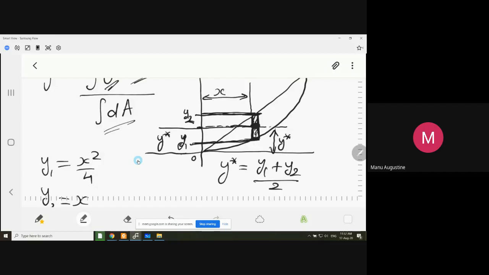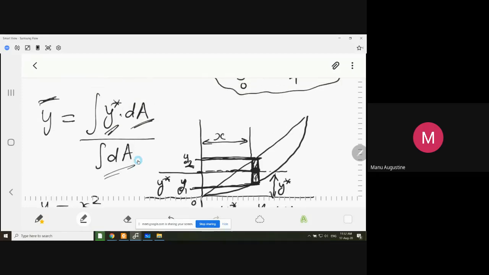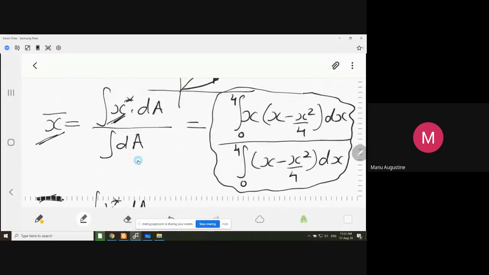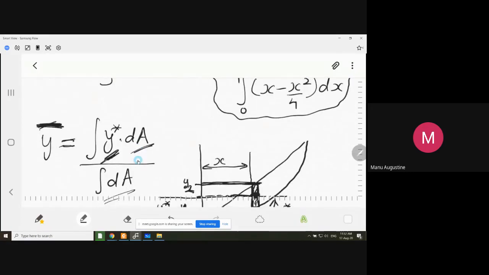I want to locate the value of y star because I want to find out y bar. And y bar is integral y star dA upon integral dA. The only difference is instead of x star, you have replaced it with y star to get y bar. dA is the same, integral dA in the denominator is the same.